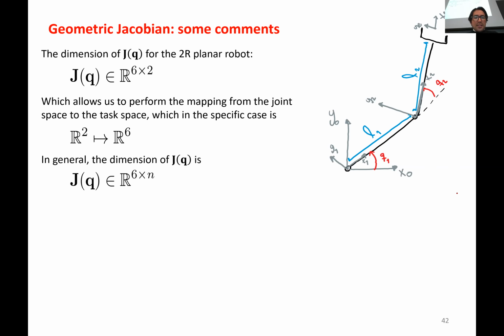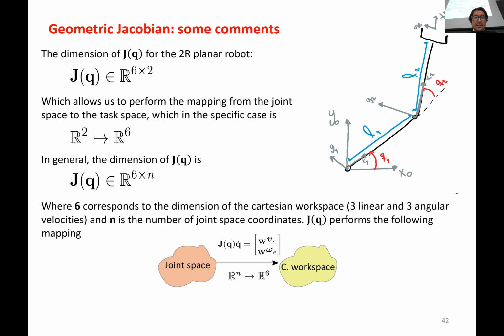And in general, the dimension of the Jacobian is 6×n, where 6 corresponds to the Cartesian workspace variables, which are 3 linear and 3 angular, and n is the number of joint space coordinates that we have. So in the case of this simple exercise that we did, it's 2.